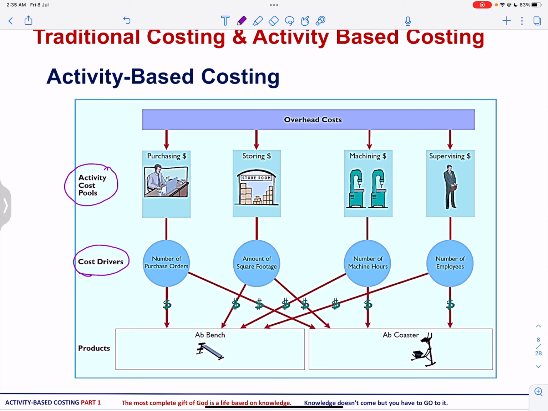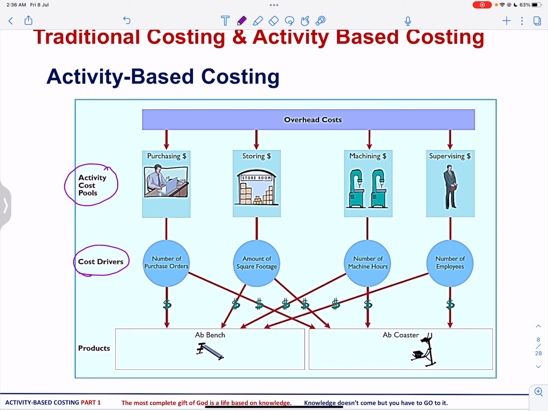Activity is any event, action, transaction, or work sequence that causes a cost to be incurred in producing a product or providing a service. An activity cost pool is a distinct type of activity, for example, ordering materials or setting up machines.